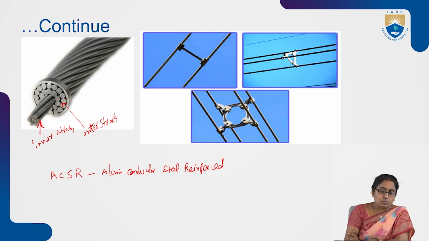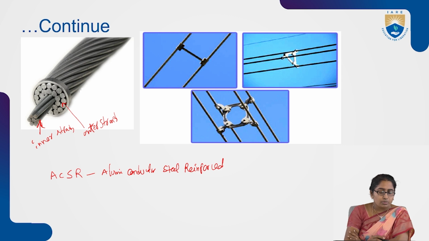The aluminum has very good conducting property and lower cost, whereas the steel, the inner strands, provides good support to the weight of the whole conductor. So that is the ACSR conductor.